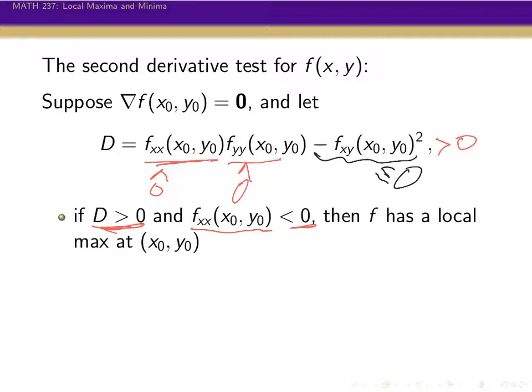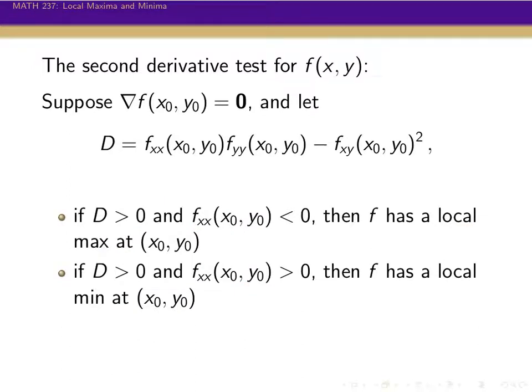So if fxx is less than 0, then that automatically means that fyy is less than 0. And so then you can think about, in both of those directions, the curve is concave down. And so if the curve is concave down overall, then again, that's going to correspond to a local max. So for a local max, you take this d, if d is positive, and both of these partials, fxx and fyy, are negative, then that's a local max.